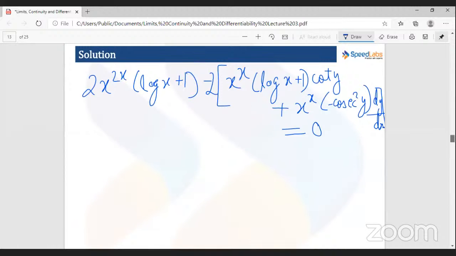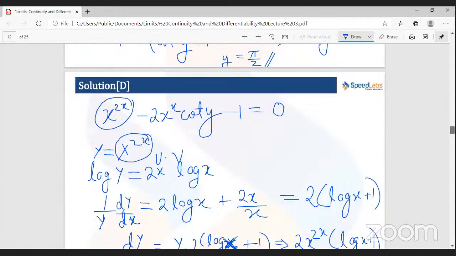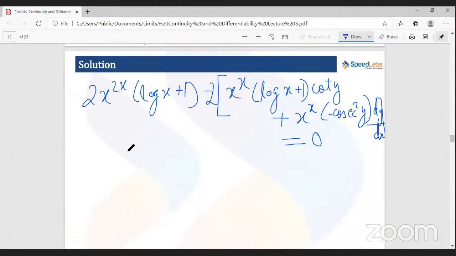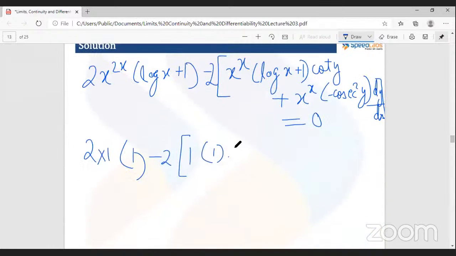So now it was given that we have to find at x equal to 1. So now let's put x equal to 1. If I put x equal to 1, I get 2 into 1. Log 1 is 0. Minus 2, this is 1, log 1 is 0, into cot y. What was cot y? y was pi by 2. Here we got y as pi by 2. So cot y is 0, plus 1 into minus cosec square y. What is that?